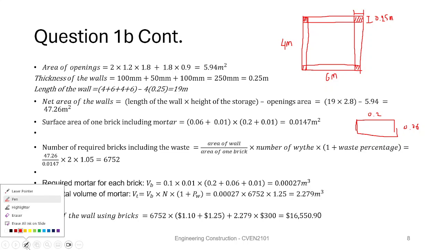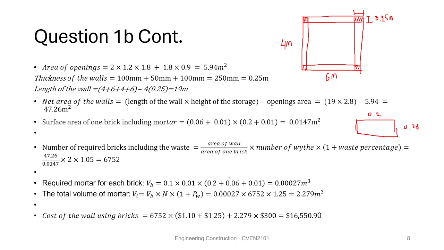I'll just put it in ink. We do it that way. So we know that one brick will be 0.0147 square meters.